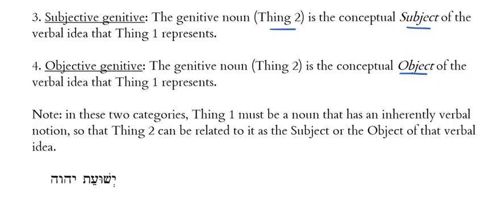So some examples I think will make this clearer. But note, in these two sorts of categories, thing 1, the head noun or the construct noun, must be a noun that has an inherently, and this is critical, an inherently verbal notion, so that thing 2 could be related to it as the subject or the object of that verbal idea.